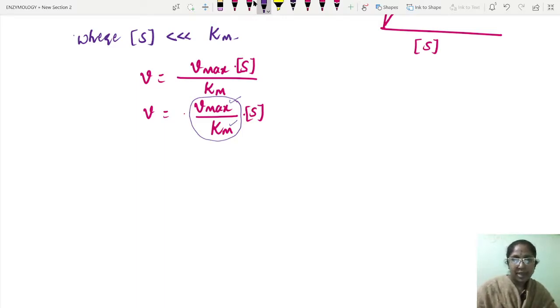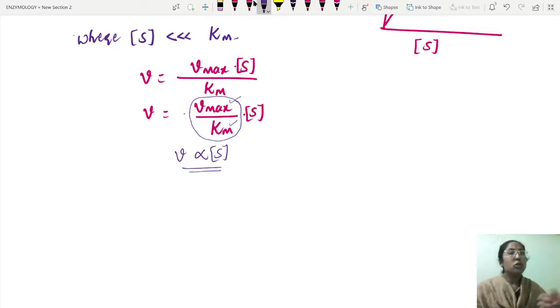So thus we can say that V will be directly proportional to the concentration of the substrate. Initially, while deriving the Michaelis-Menten equation, I told you that this equation relates the velocity or rate of any enzyme-catalyzed reaction with the substrate concentration, and that we are going to understand it through this equation.